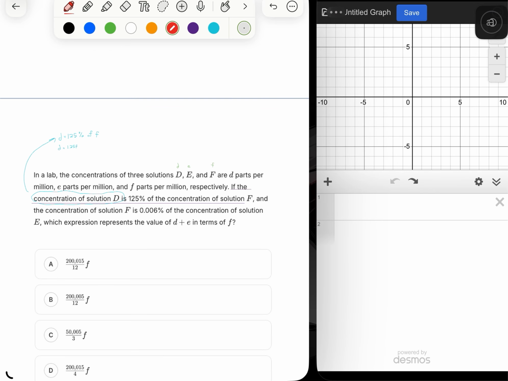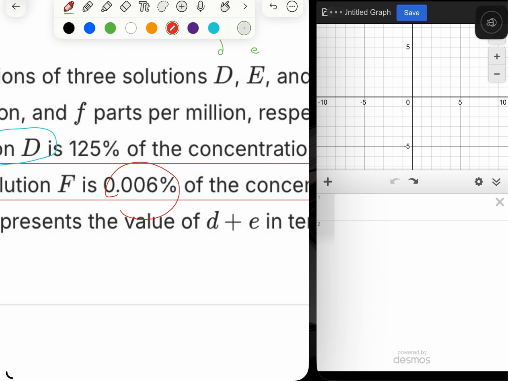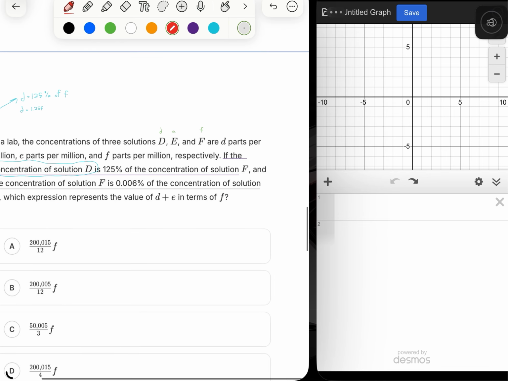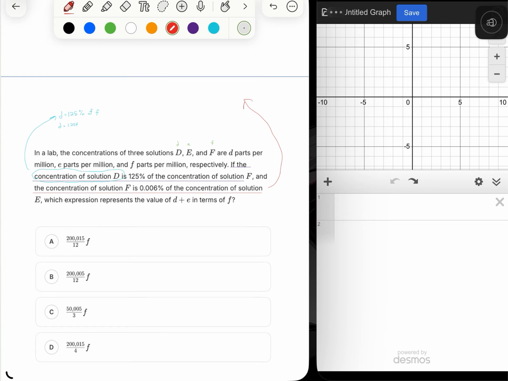Okay, let's read again and translate the next phrase into an equation. So now we have that the concentration of solution F is some percent of the concentration of solution E. How do we translate that into an equation?